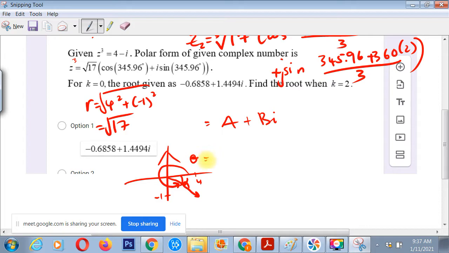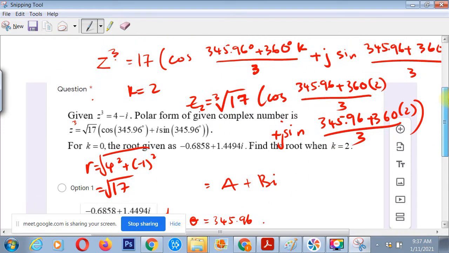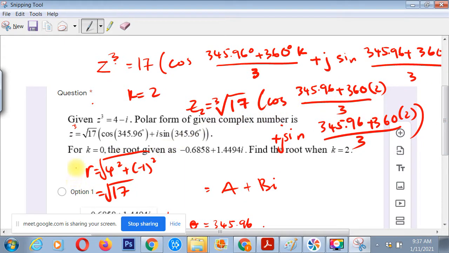The theta here is 345.6. So just apply the theorem, but it is confusing because the question is wrong. It should be z to the power of 3, and then with this polar form, just use it to get k equals 2.